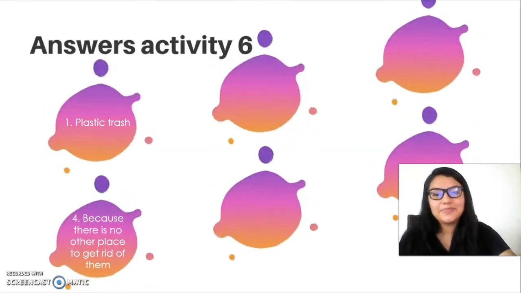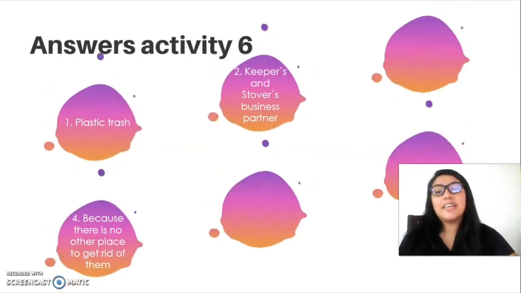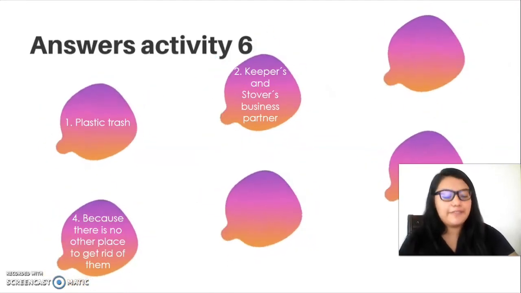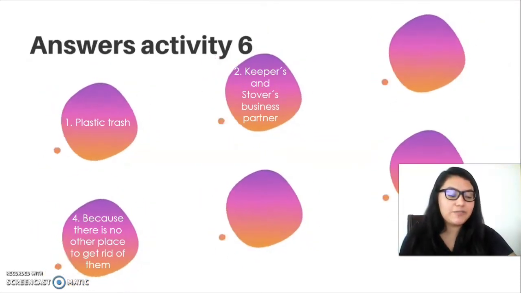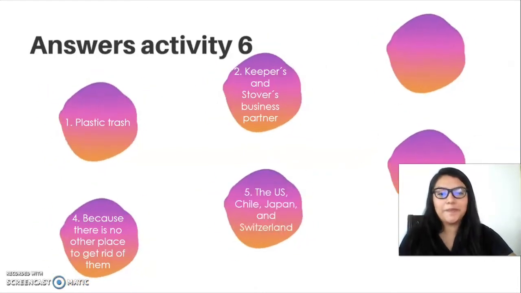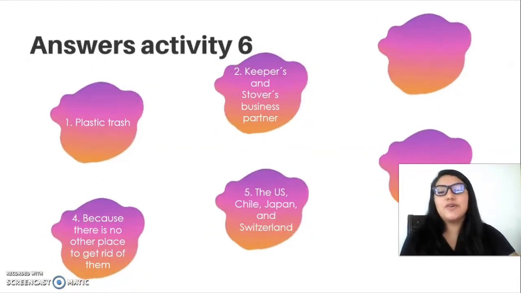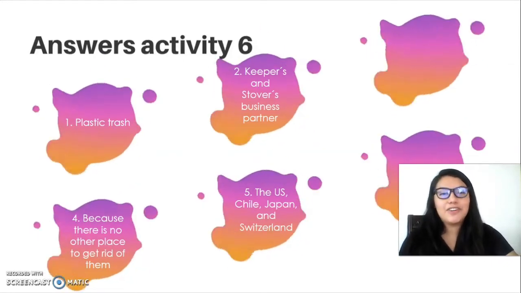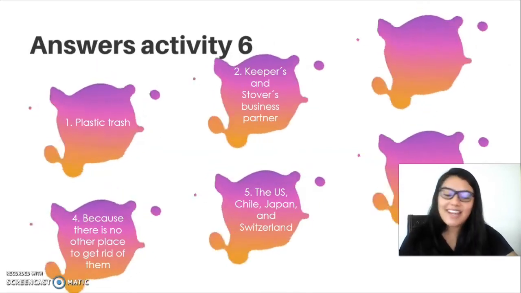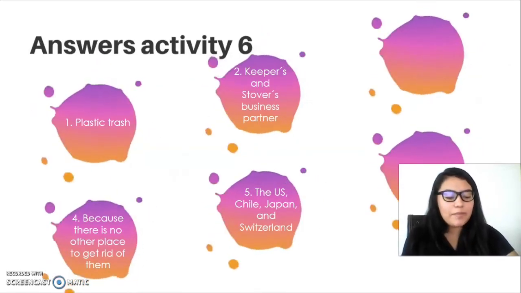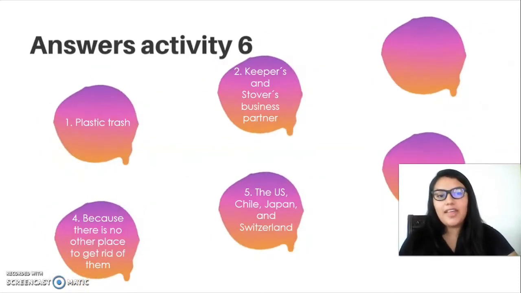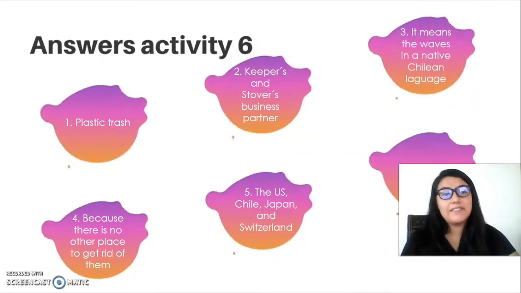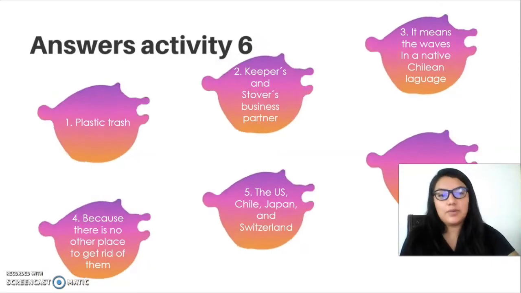Did you remember who's Kevin? Yeah, Nippers and Stover's business partner, okay? Question number 5 says, in which countries can you find a burrito board in a shop? Yeah, in the US, Chile, Japan, and Switzerland. And the third question, the last one but not least, is where does the name of their company come from? The answer is, yeah, it means a wave in a native Chilean language, okay?